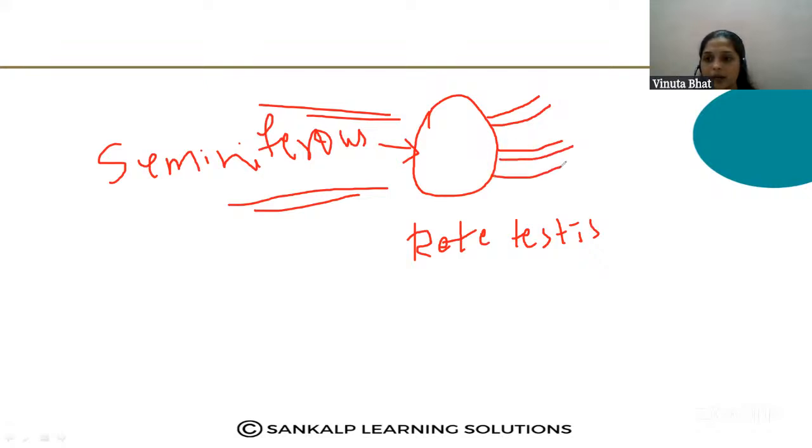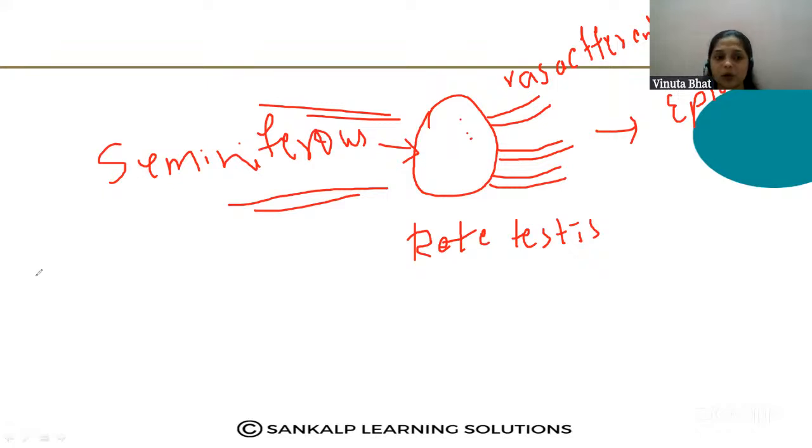They are called vasa efferentia. They start from the rete testis and open into one more structure called the epididymis. Remember this much.